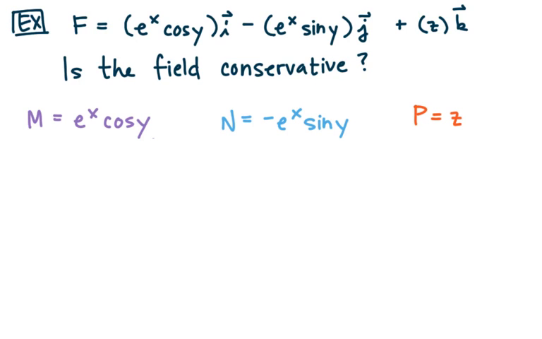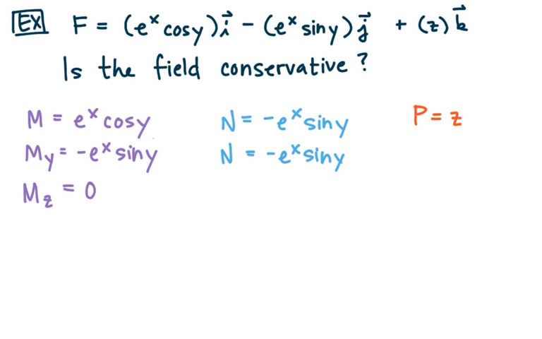So we have the partial of M with respect to y and z. M with respect to y equals negative e to the x sine y, and M with respect to z equals 0. N with respect to x is negative e to the x sine y, and N with respect to z is 0.